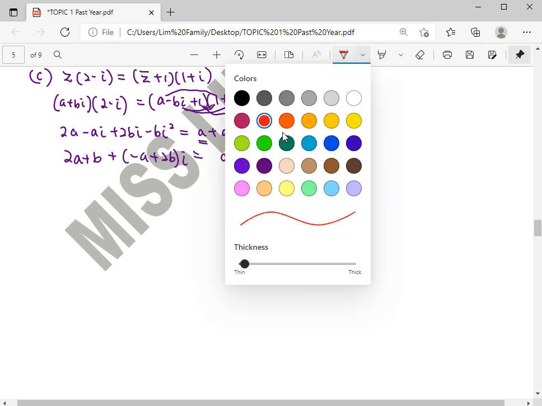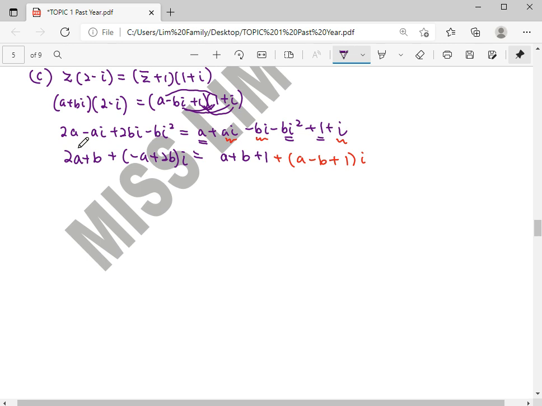That's our imaginary part. So after we equate both sides, we notice that because this complex number equals that complex number at the right hand side, they are equivalent. When they are equivalent, it means that we can compare our real part. When we compare our real part, 2a plus b should be equal to a plus b plus 1.